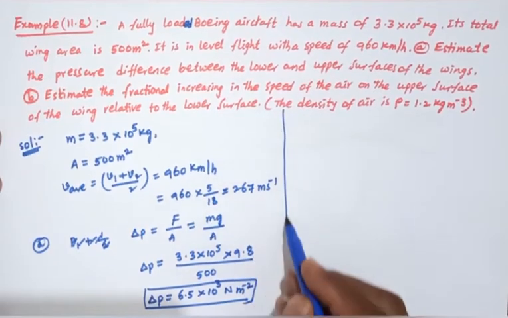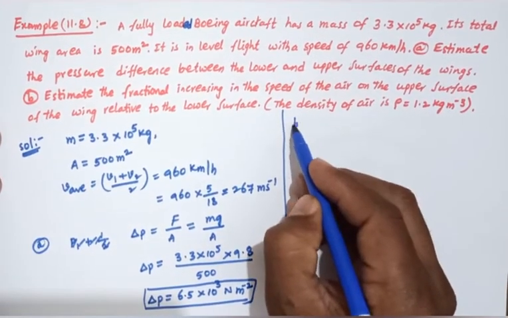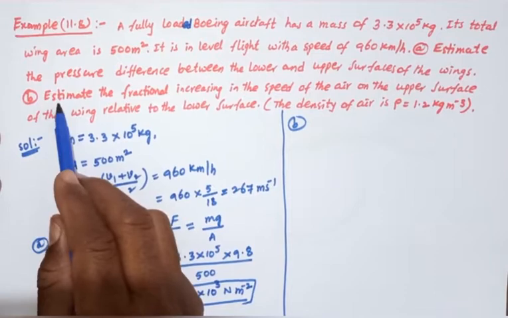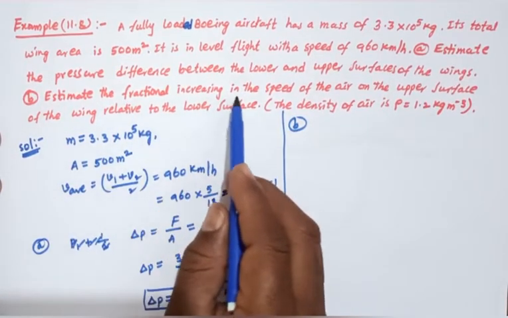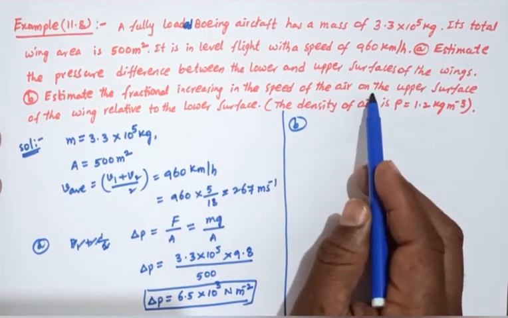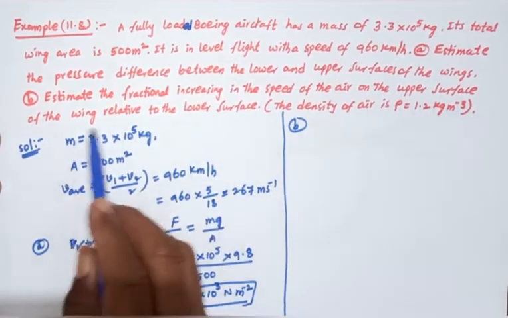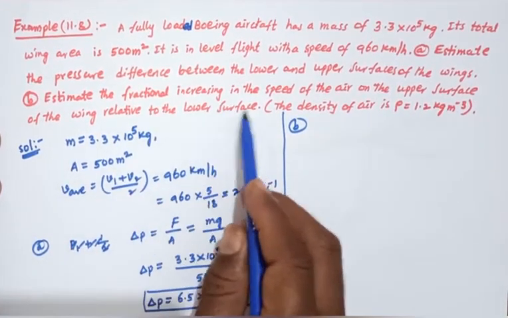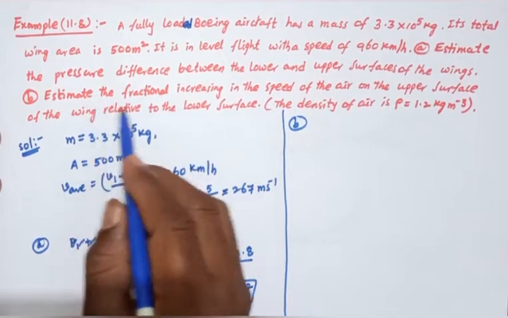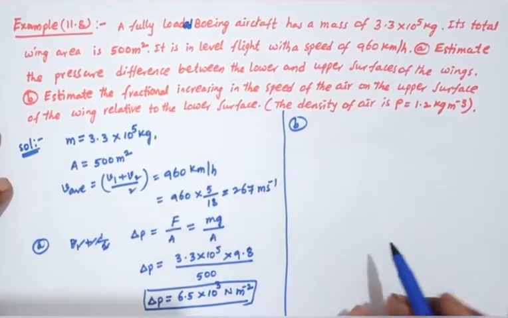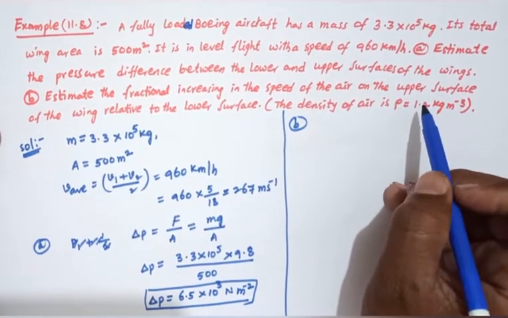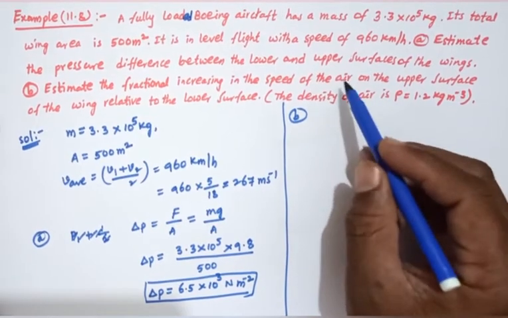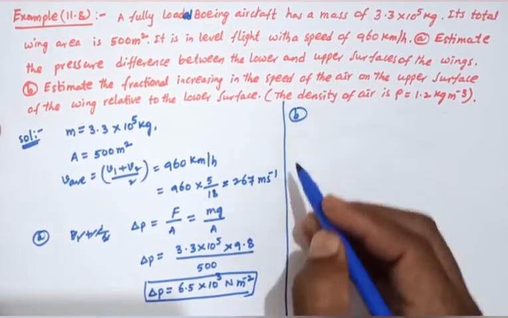So again we can find the second one, part B: estimate the fractional increase in the speed of air on the upper surface of the wing relative to the lower surface. The fractional increase in speed means V2 minus V1 by V average.